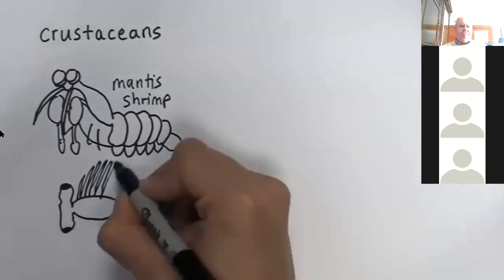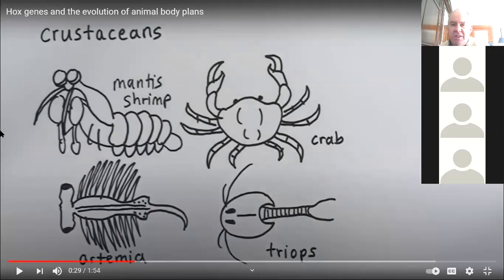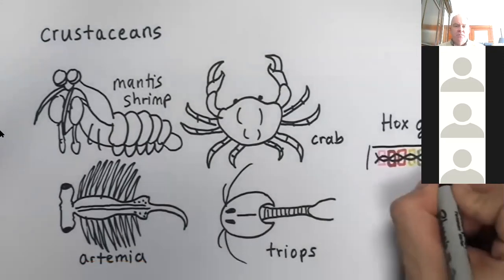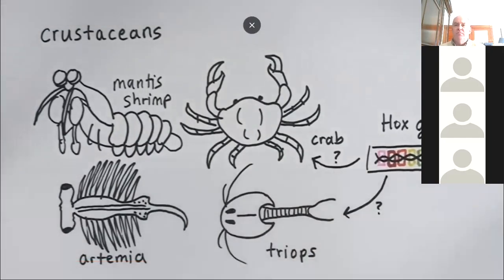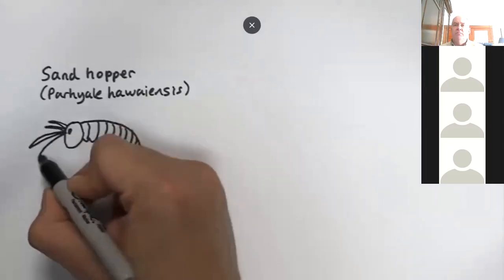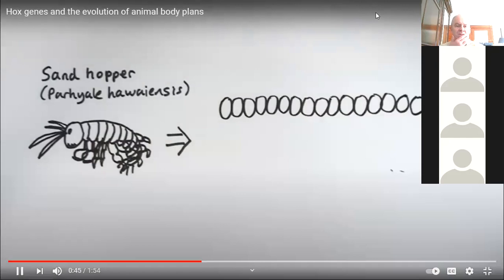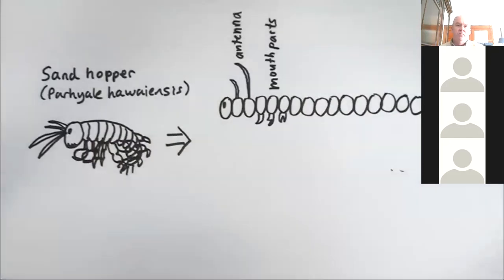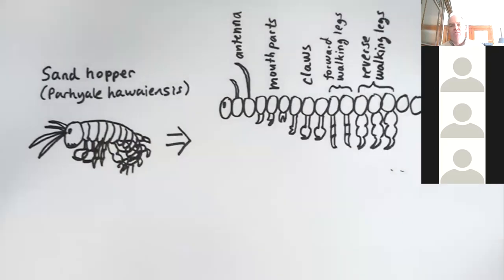Crustaceans are an excellent group of animals for studying body plan evolution because they have many different body plans.